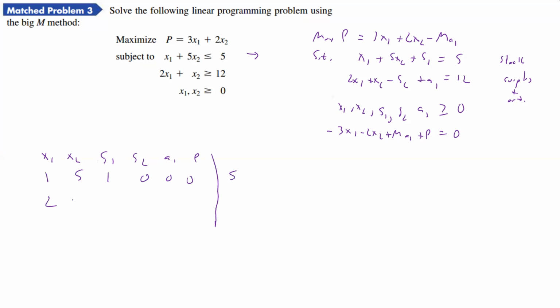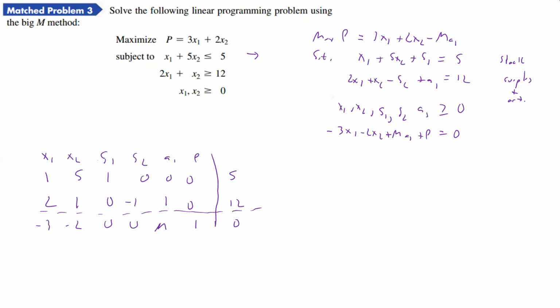Then 2, 1, 0, minus 1, 1, 0, 12. And then our bottom row: minus 3, minus 2, 0, 0, then an M, then a 1, and then a 0.